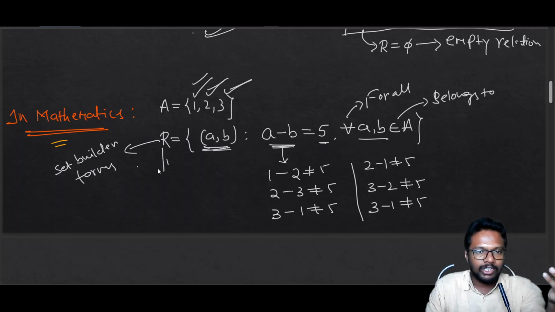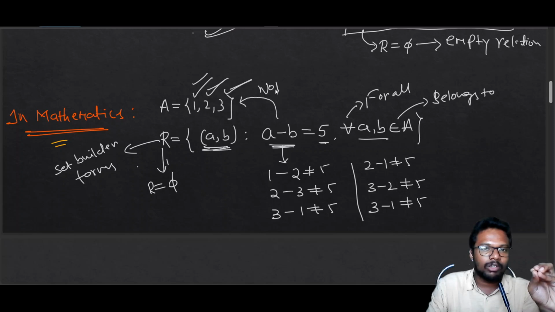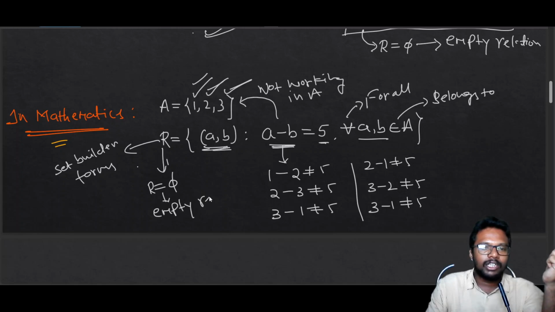We can conclude that R is empty, because in this relation, subtracting two numbers should give 5, but this relation is not working in the given set A. So we can say that R is an empty relation in set A.